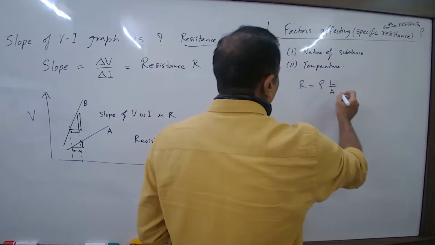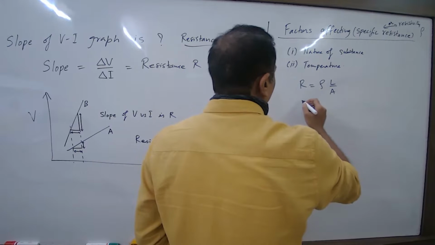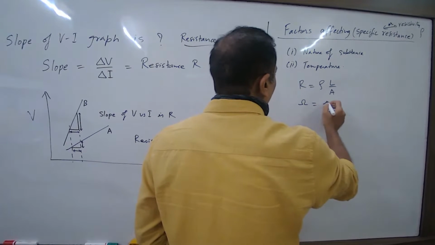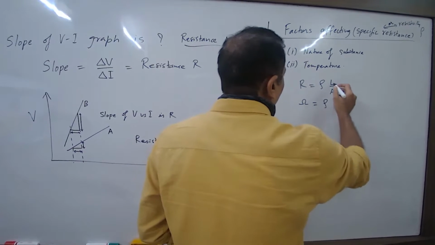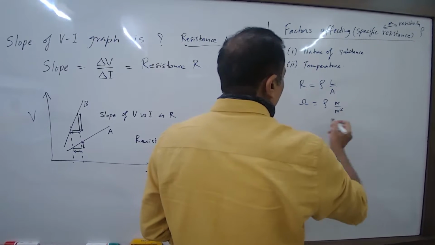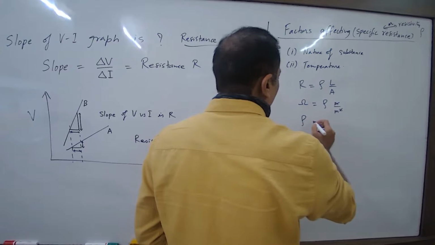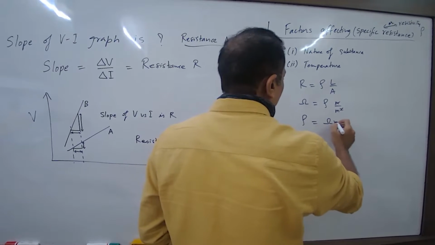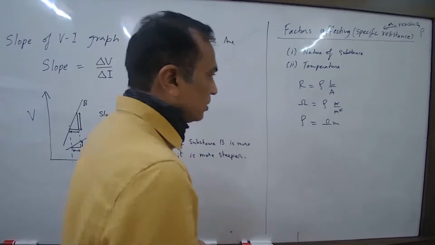Yes, very good, R equals rho L by A. So in terms of unit, ohm equals rho times L, which is meter, divided by meter square. So what will the unit of rho be? Ohm meter. Understood? This is how to find the unit.